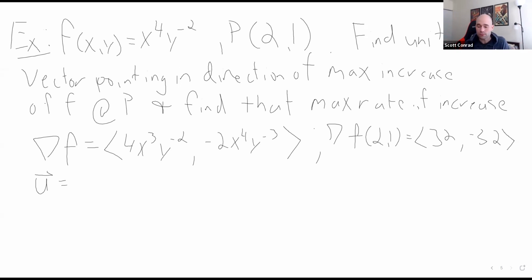So the unit vector we want, pointing in the direction of max increase, is just going to be, you turn the gradient at the point into a unit vector because the gradient points in the direction of max increase. No, it's just going to be the gradient divided by the magnitude of the gradient.